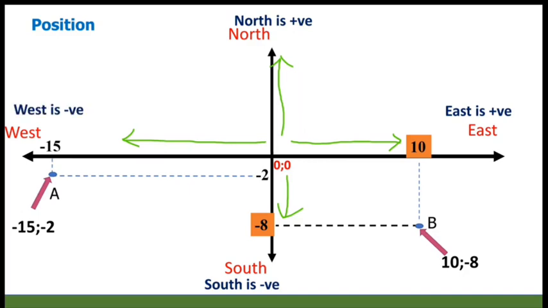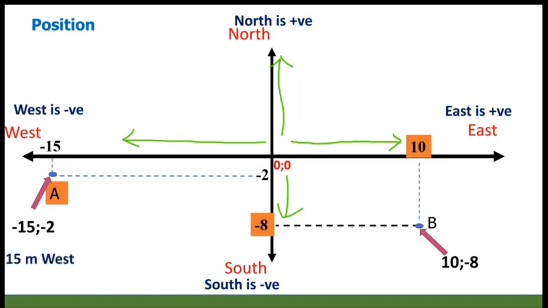So now let's try and give the location of point A again using east, west, or north and south. We can now say that point A is 15 units in which direction? In the west direction, and 2 units in which direction? In the south direction.